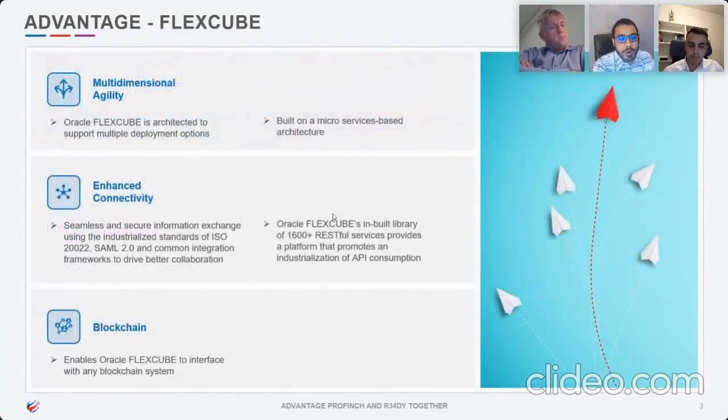Now, a couple more points, and I'll stick to technology. Multidimensional agility because of the new product processors, for example, virtual account management, liquidity management, supply chain finance, and in fact the origination part, be it account origination or loan origination. FLEXCUBE, as a monolithic software, is slowly moving to componentization.